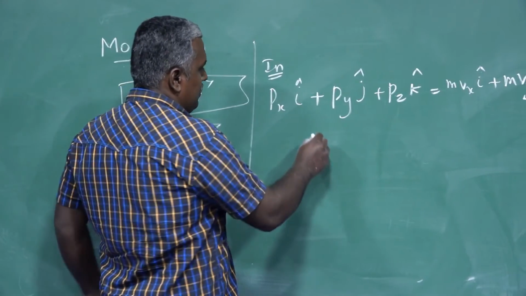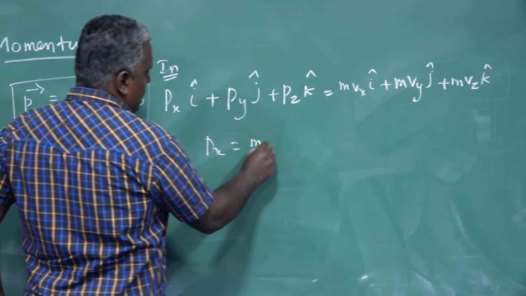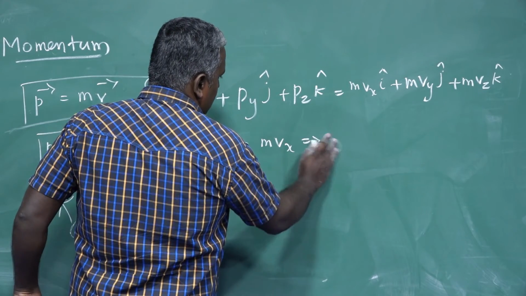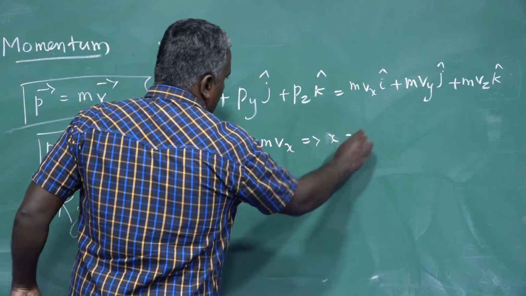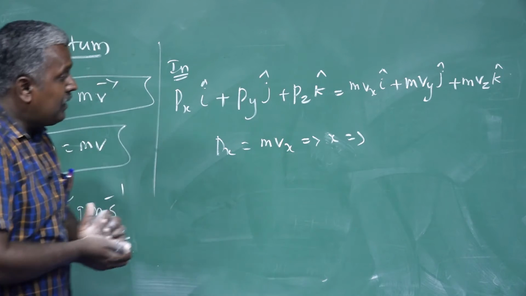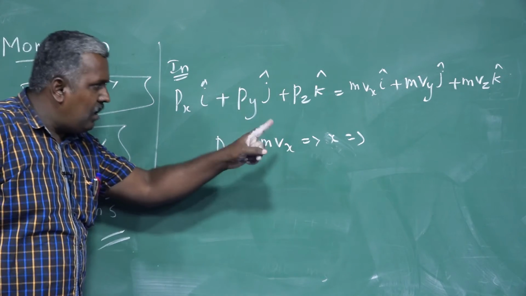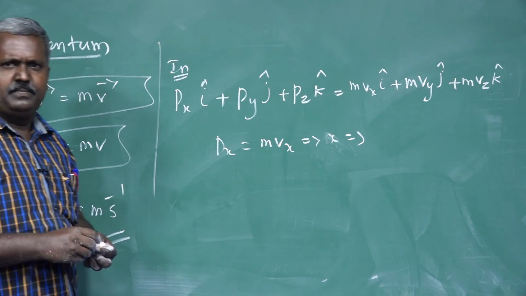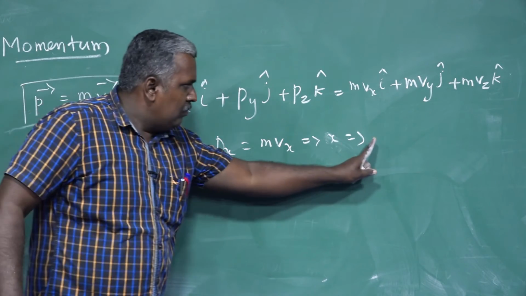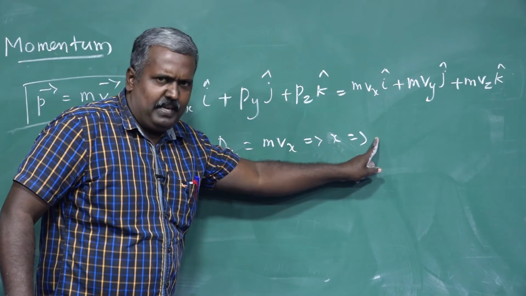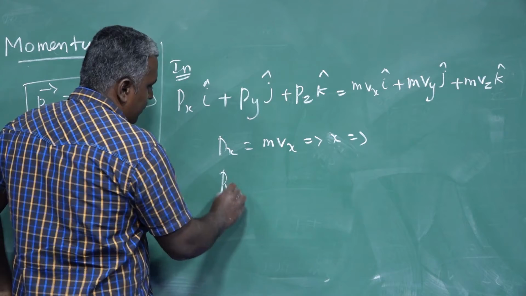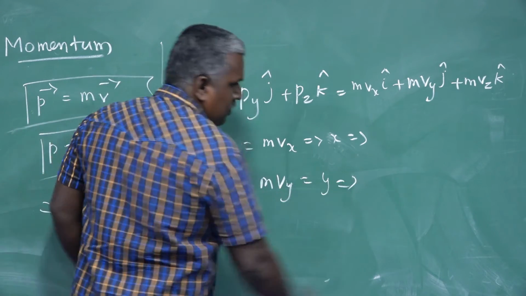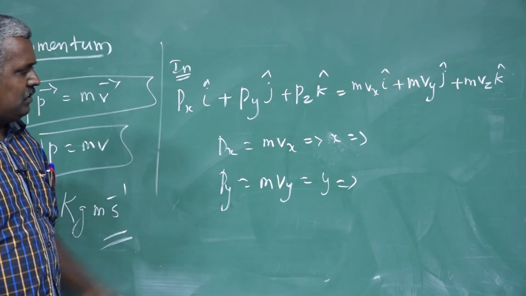Here Px is equal to m Vx, the momentum along the x component, or simply the x component of momentum, and Py is equal to m Vy, the y component of momentum.